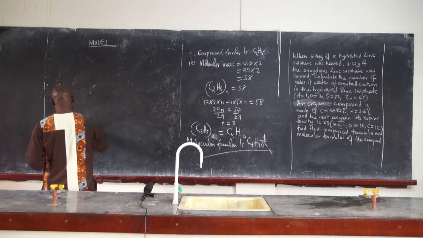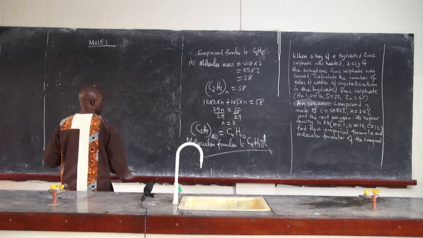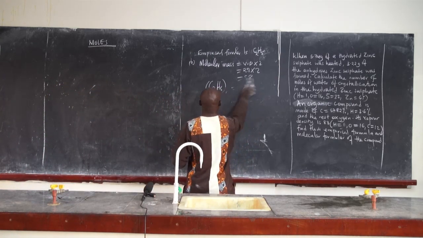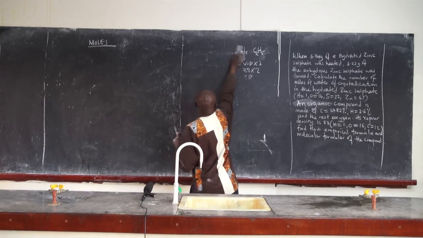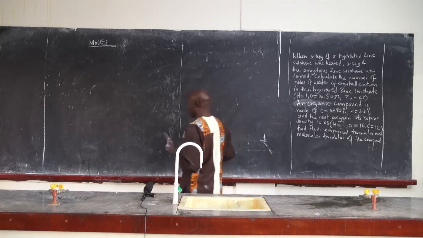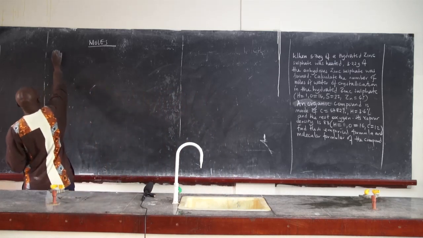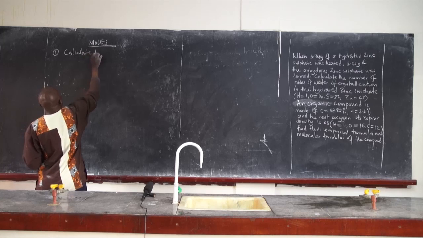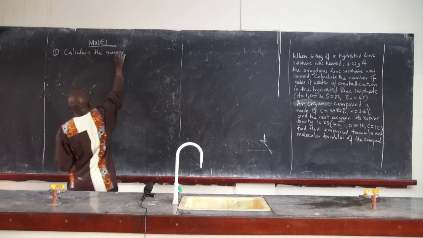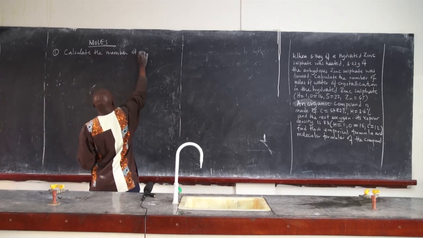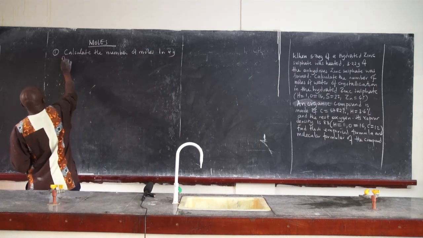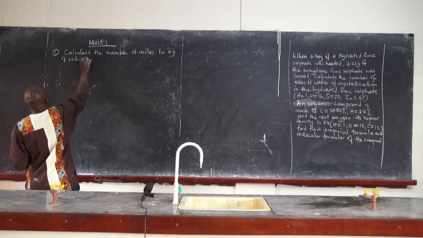Now let's dive into some examples. We are going to do about 3 or 4 different kinds of examples. Question 1: calculate the number of moles in 4 grams of sodium hydroxide.